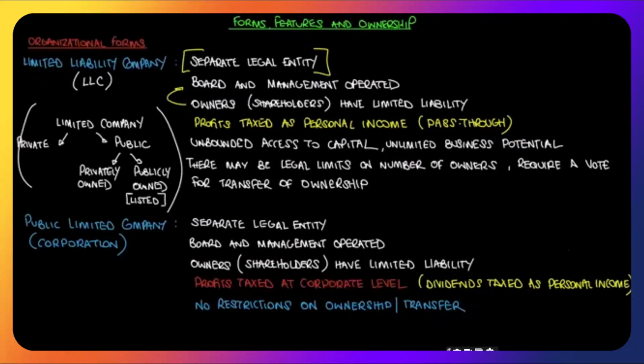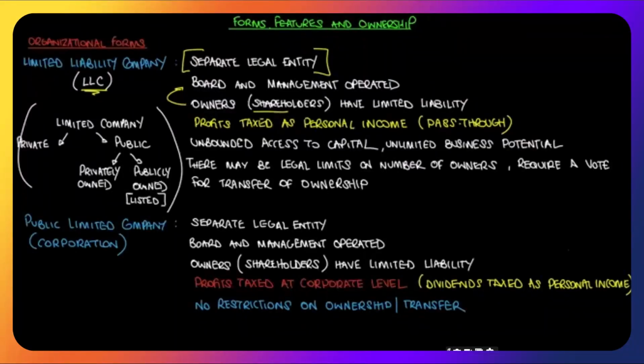We call the owners shareholders. They all own shares in the business. Shares are divided down into small units, so the owners don't have to all own an equal amount of the LLC. One similarity though: in an LLC, profits are still taxed as personal income. So this is still a pass-through business if it's an LLC.